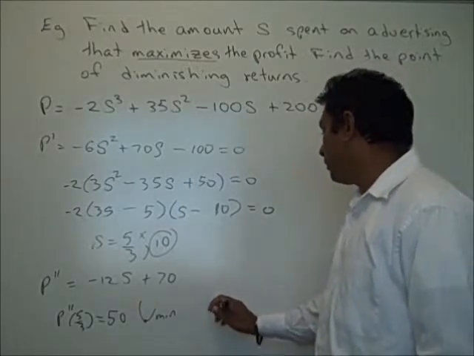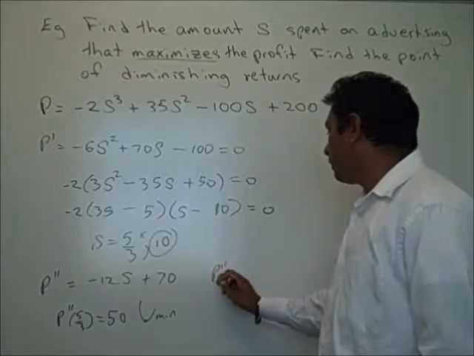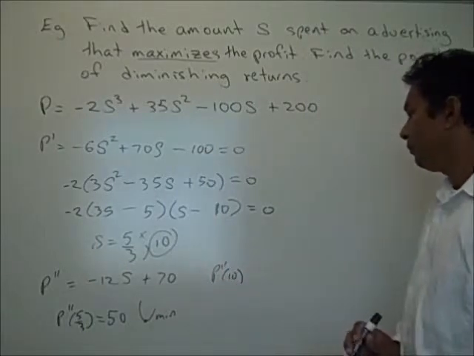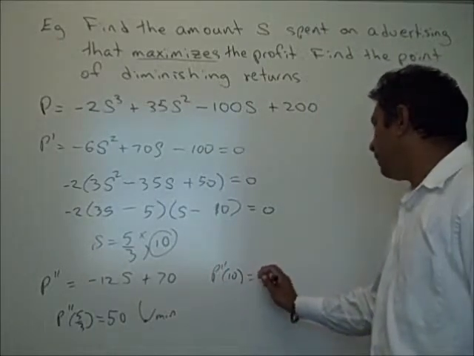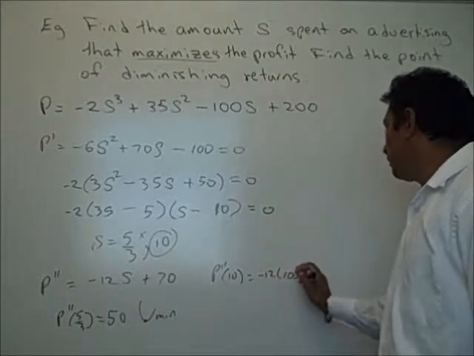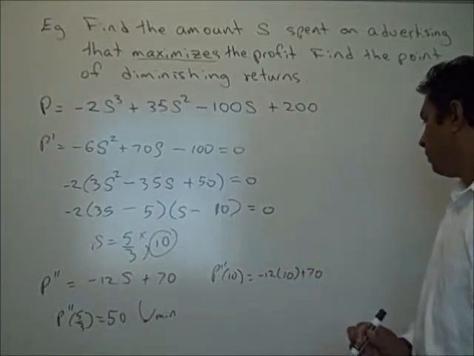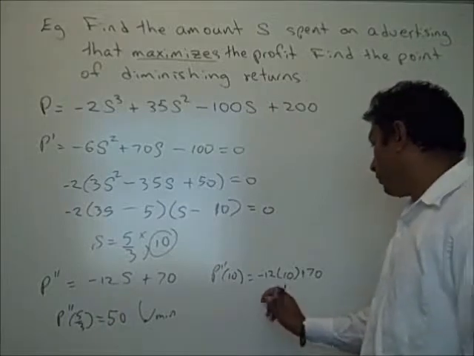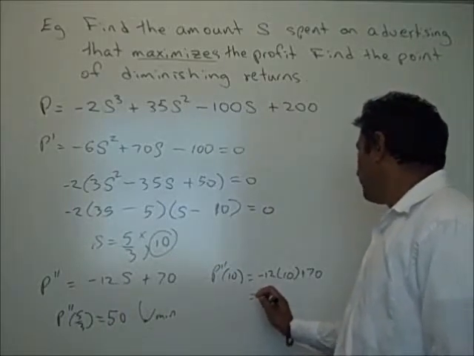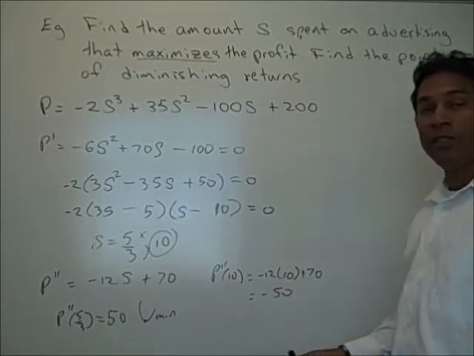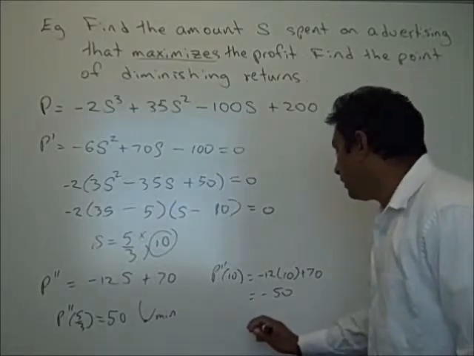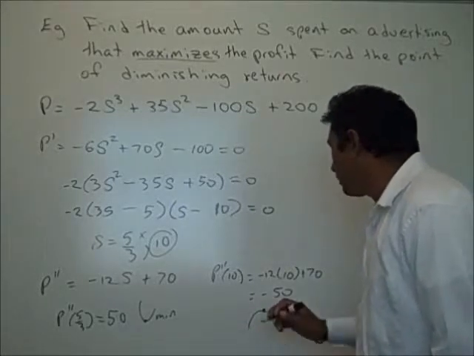Now we're going to find p double prime of 10. This becomes negative 12 times 10 plus 70, which gives us negative 50. Because this is negative, we know from our second derivative test that it's concave down, which produces a maximum.